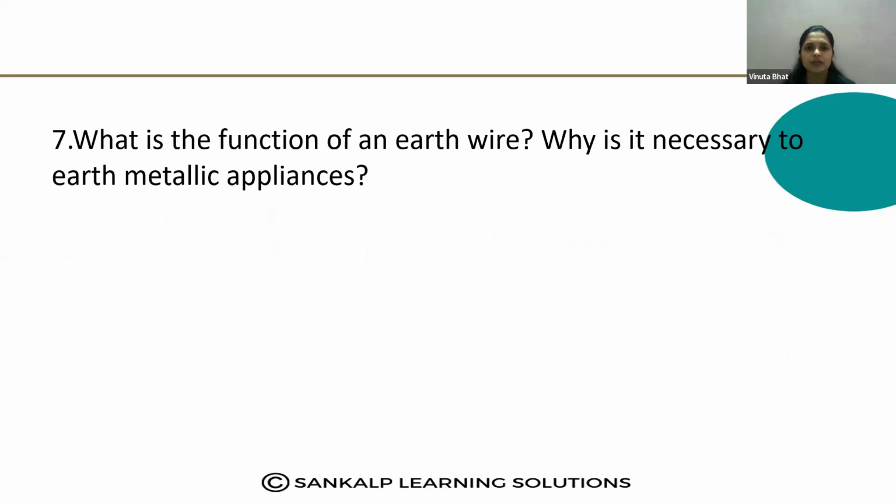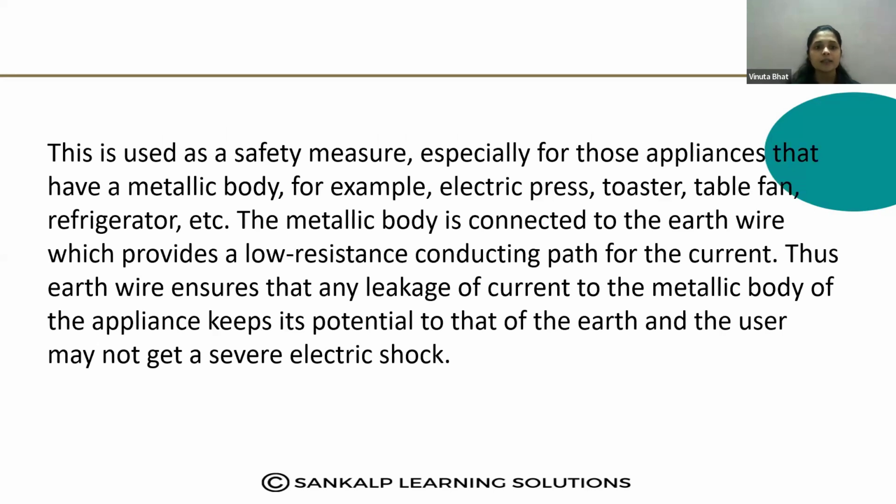What is the function of an earth wire? Why is it necessary to connect the earth wire for metallic appliances? This is used as a safety measure, especially for those appliances that have a metallic body, for example, electric press, toaster, table fan, refrigerator, etc. The metallic body is connected to the earth wire, which provides a low resistance conducting path for the current.